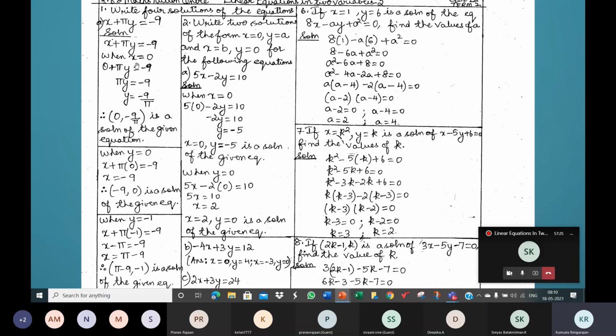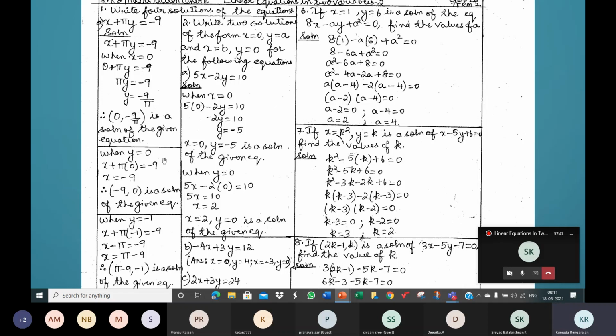You cannot say, okay, fine, -1, -2 lies on that line. No, it's not like that. You can assume the value of only one of them.